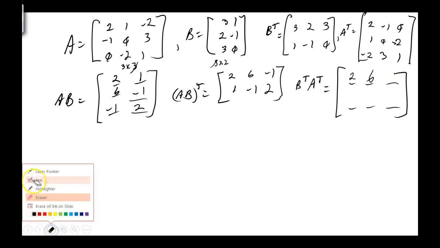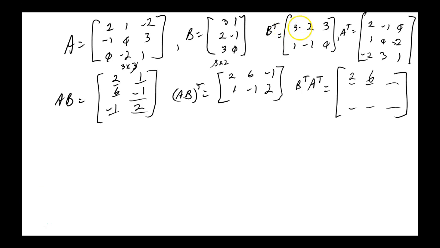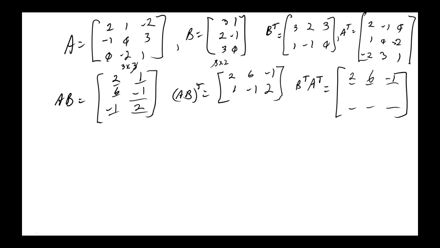And that would be 0 minus 4 plus 3 is -1. Right. Good. Next. One.